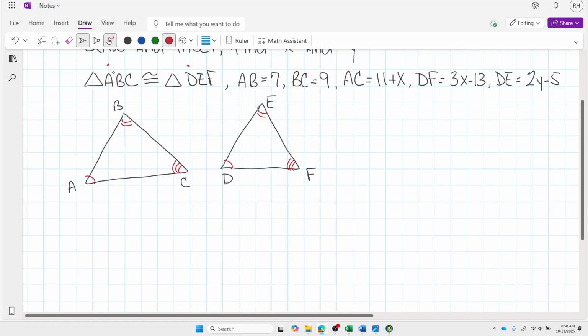Now, side AB, first two letters, is congruent to side DE. BC is congruent to EF. And if two sides of one triangle are congruent to two sides of another triangle, and all of the angles are congruent, then the third sides are congruent.